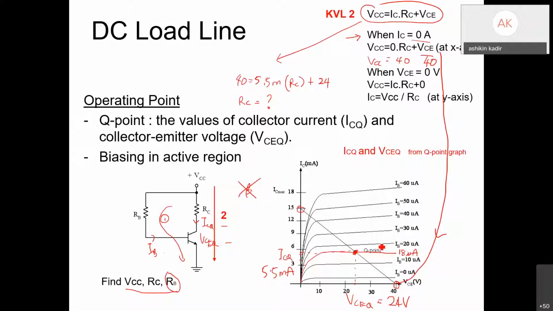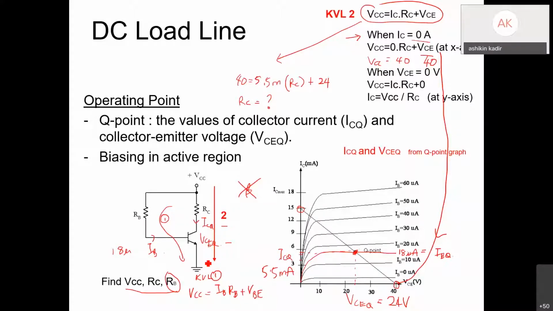I'm not sure how much exactly, but if you draw the line properly, you get an estimated value. So IB here is 18 micro, right? So you put it in KVL1. KVL1 is VCC equals IBRB plus VBE.